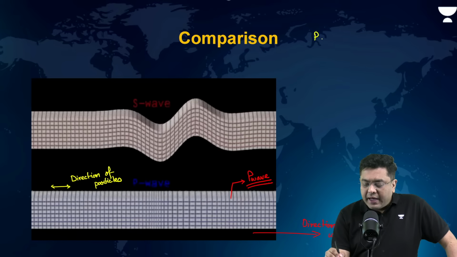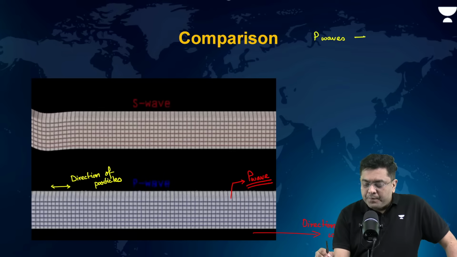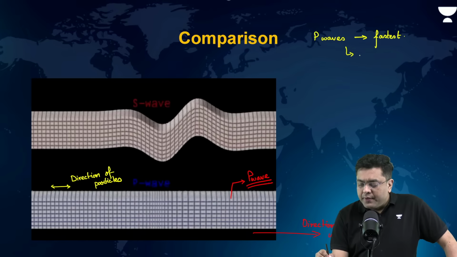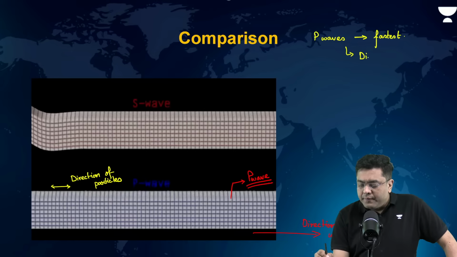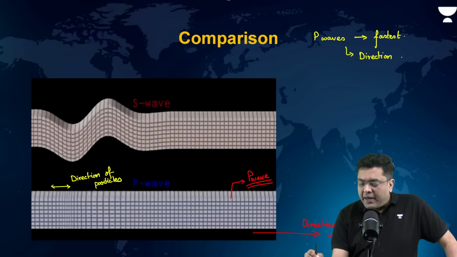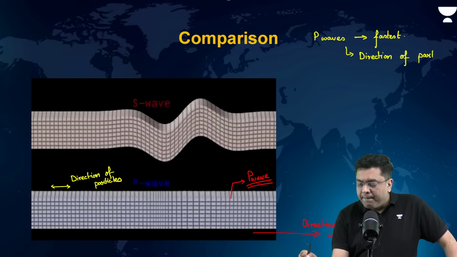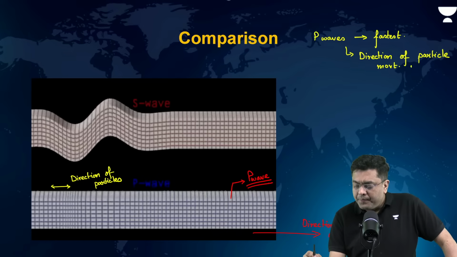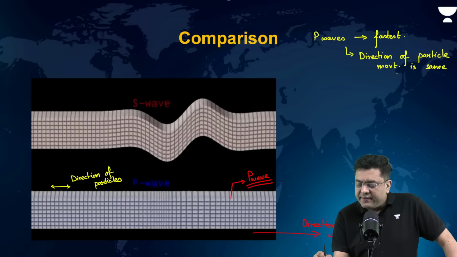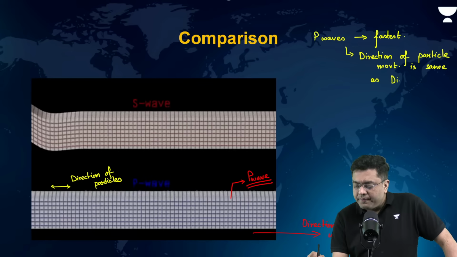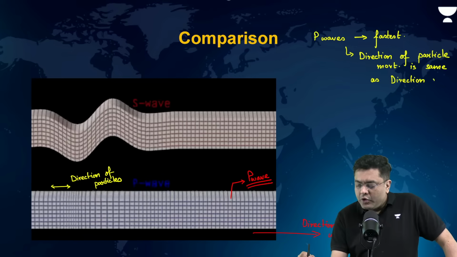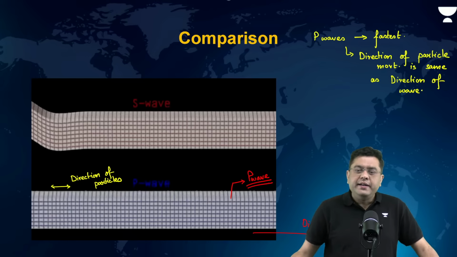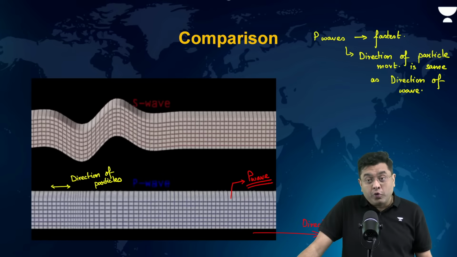P waves are the fastest. Why? Because the direction of particle movement is the same as, or parallel to, the direction of the wave. That is why it moves so quickly.